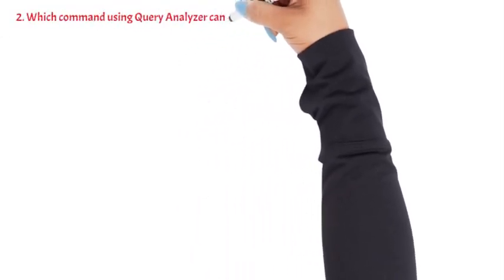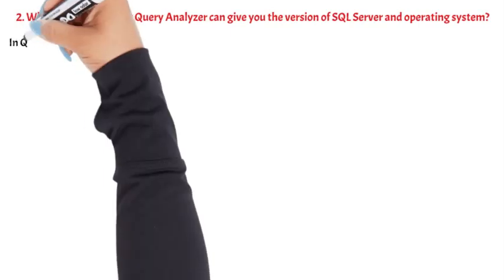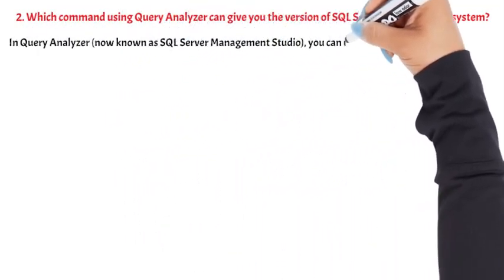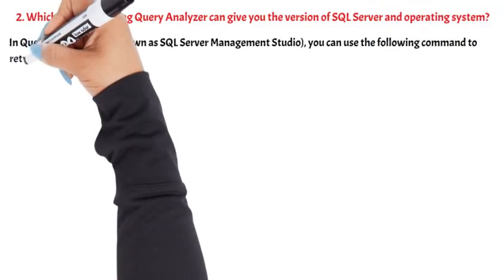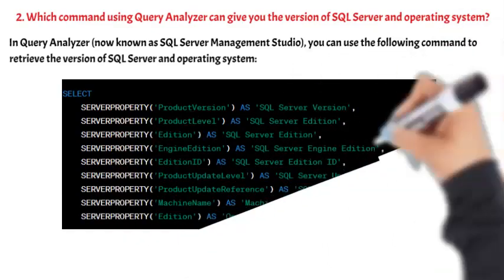2. Which command using Query Analyzer can give you the version of SQL Server and operating system? In Query Analyzer, now known as SQL Server Management Studio, you can use the following command to retrieve the version of SQL Server and operating system.